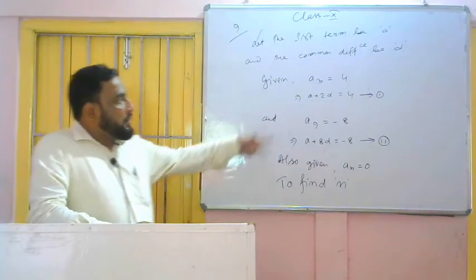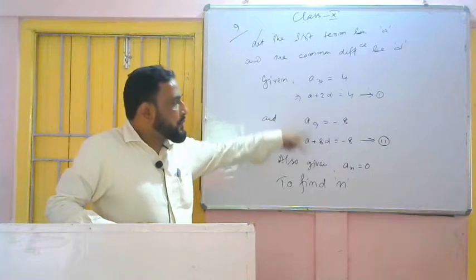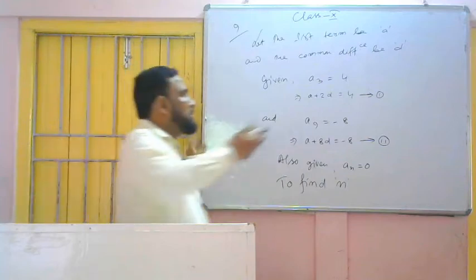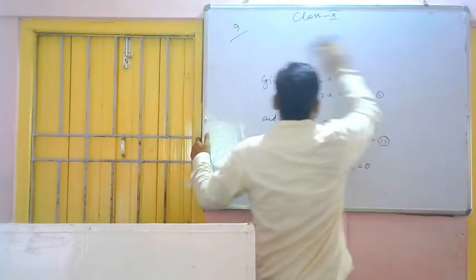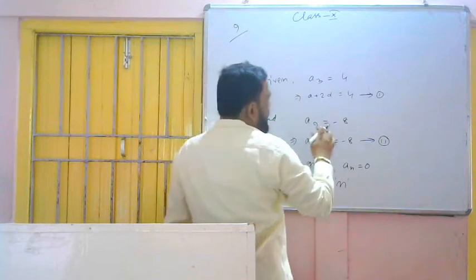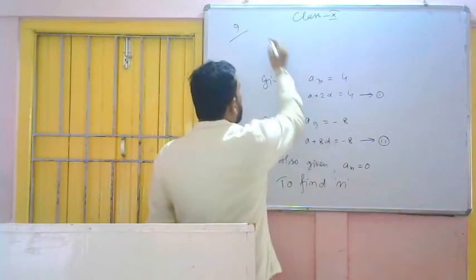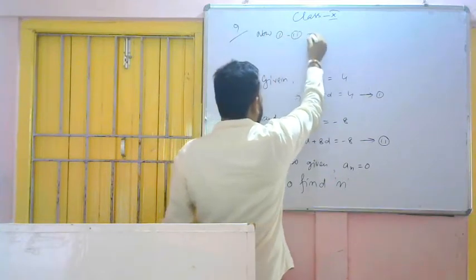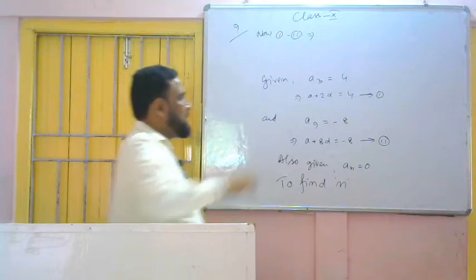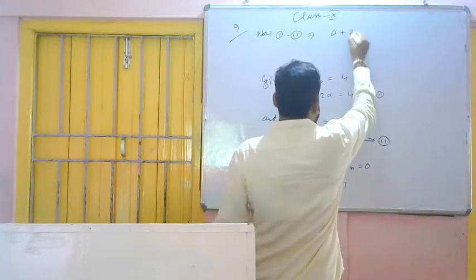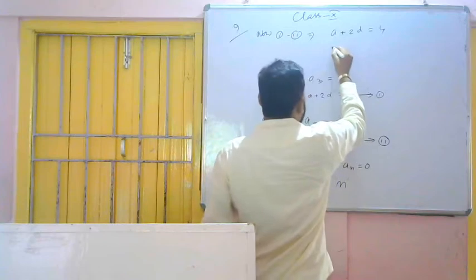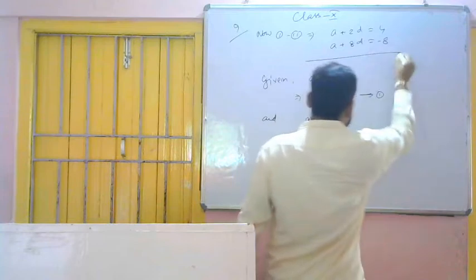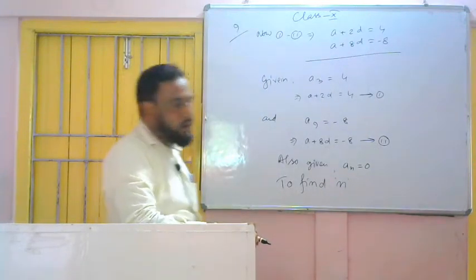If we consider equation number 1 and 2 and, like earlier, find out D and A, then we can complete the sum. So if we solve this, 1 minus 2: A plus twice D is equal to 4, A plus 8D is equal to minus 8.